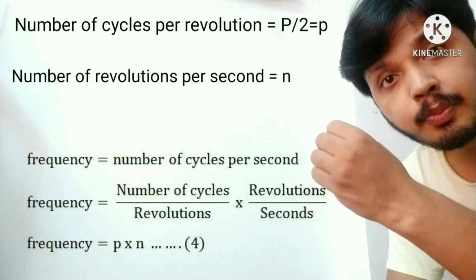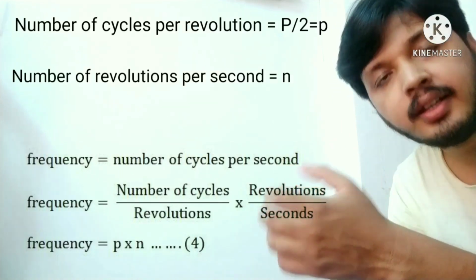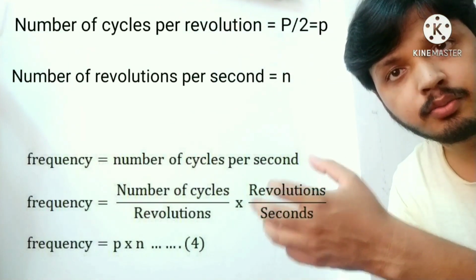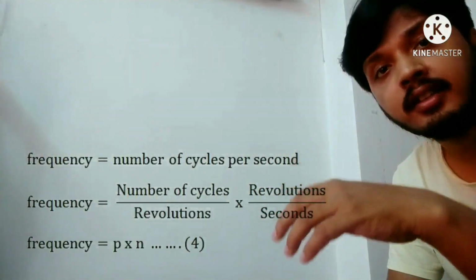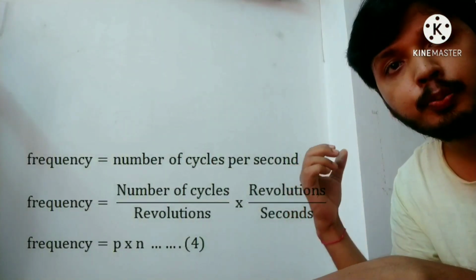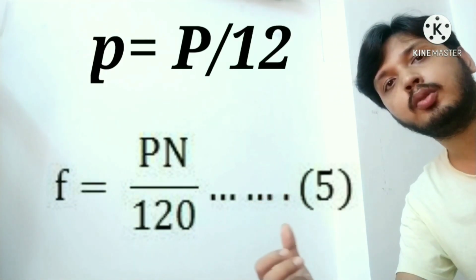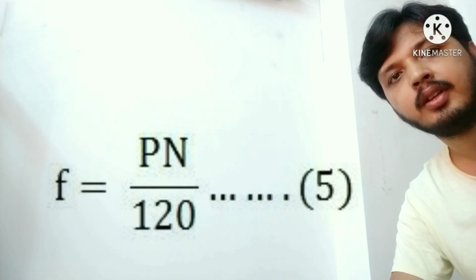The number of cycles per revolution we have calculated already, that is small p. Revolutions per second is n, that is in RPS. So F equal to small p into n. If we replace small p by capital P by 2, and n by N by 60, we will get F equal to PN by 120.